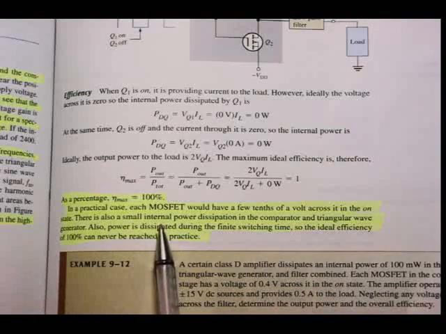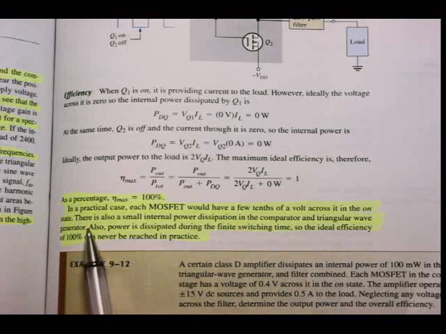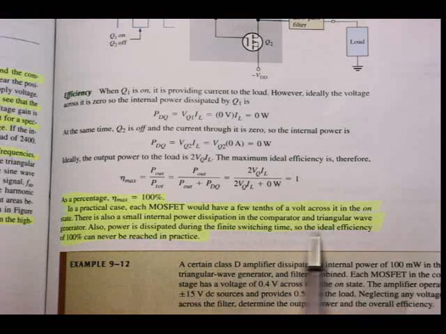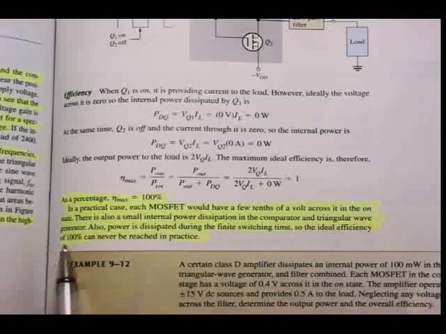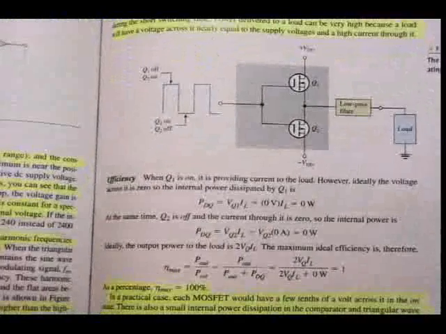There is also a small internal power dissipation in the comparator and triangular wave generator. Also, power is dissipated during the finite switching time, so the ideal efficiency of 100% can never be reached in practice. But as we've seen earlier, it's well above 90%, which is also very high.